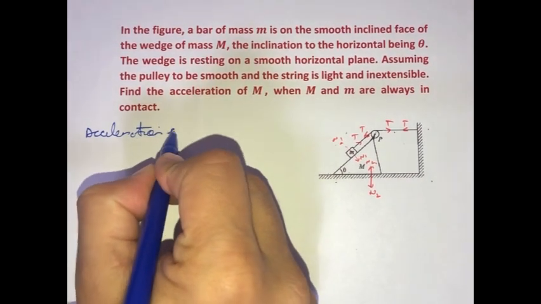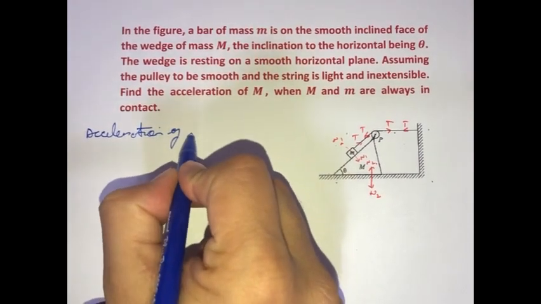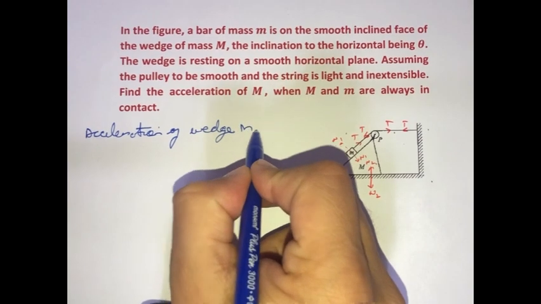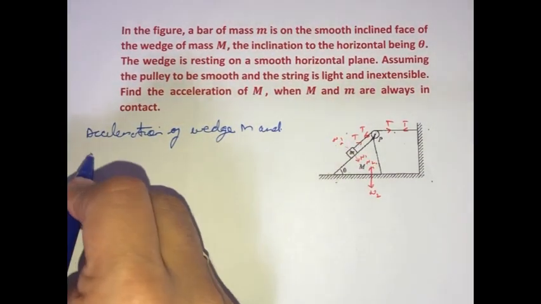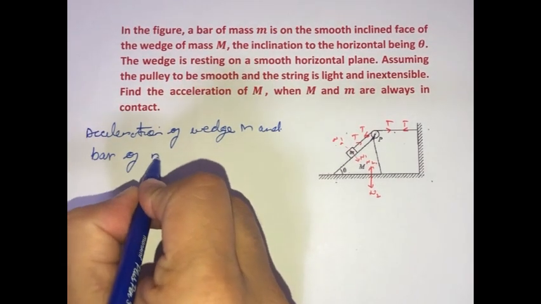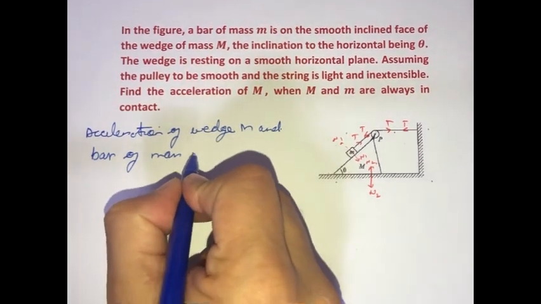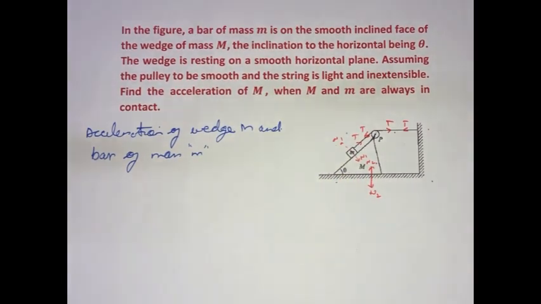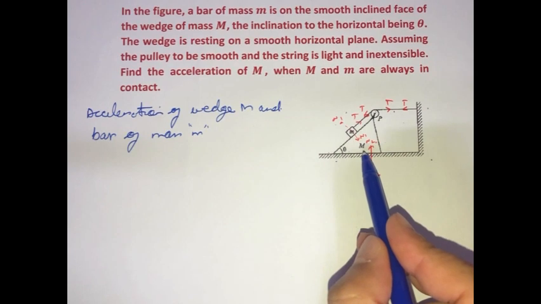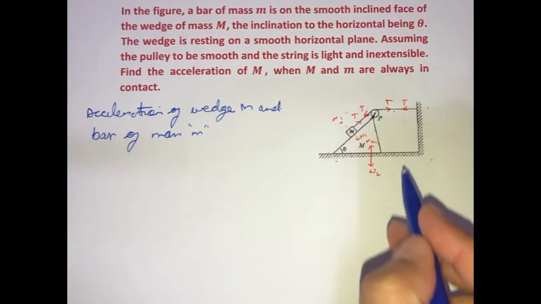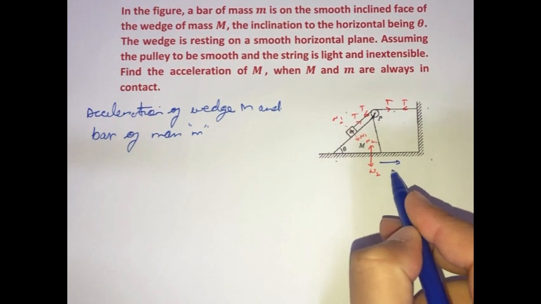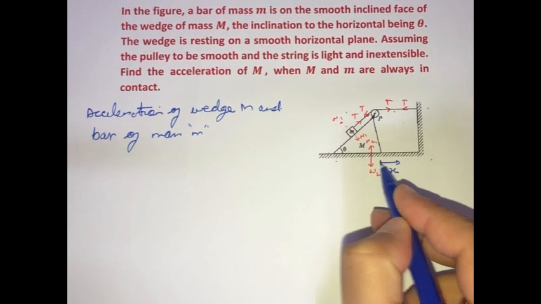In this case, let us assume that this wedge capital M is going to obviously move in this direction by a distance x.